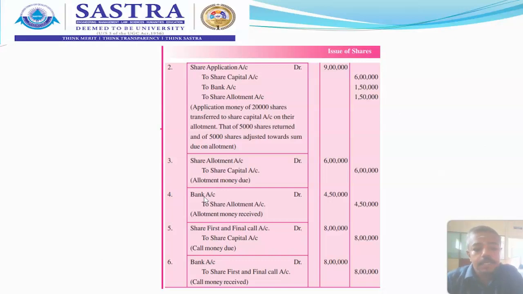And then the last receipt entry, bank account debited rupees 8 lakhs to first and final call account rupees 8 lakhs. So likewise, you need to pass journal entries properly. If you have your flow chart in order, then also verify.